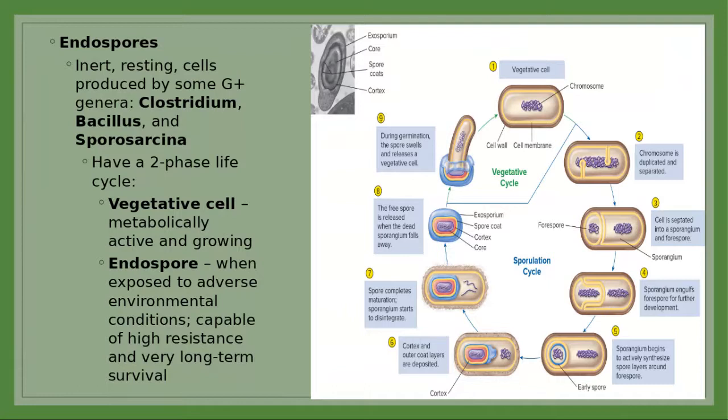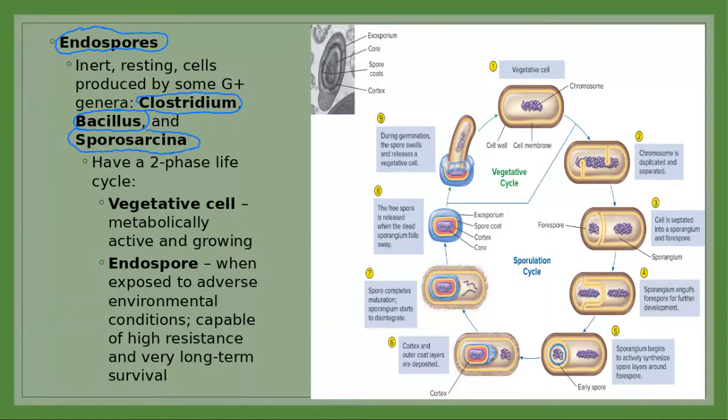And the last one is the special structure of only some bacteria that have this endospore, which is a group of Clostridium bacteria and Bacillus bacteria. These are the two main bacteria that have endospore, and also there is another group of bacteria called Sporosarcina that also have the endospore.